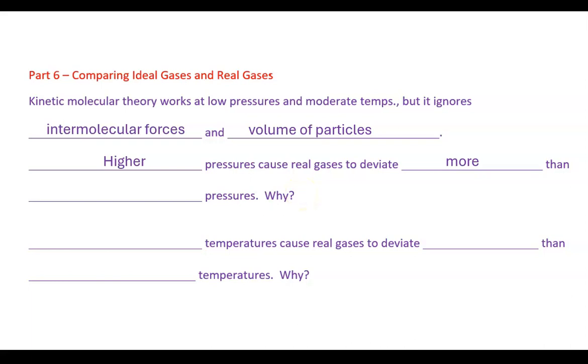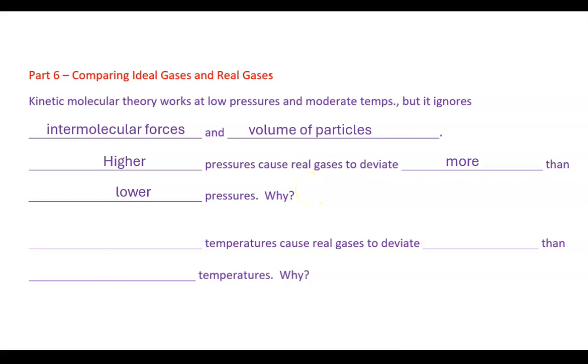So higher pressure means more collisions. More collisions is more opportunity for those real gases to interact with each other, to stick together, to attract each other because of their IMFs, compared to at lower pressures. So lower pressure would just mean fewer collisions, fewer opportunities for them to attract each other.